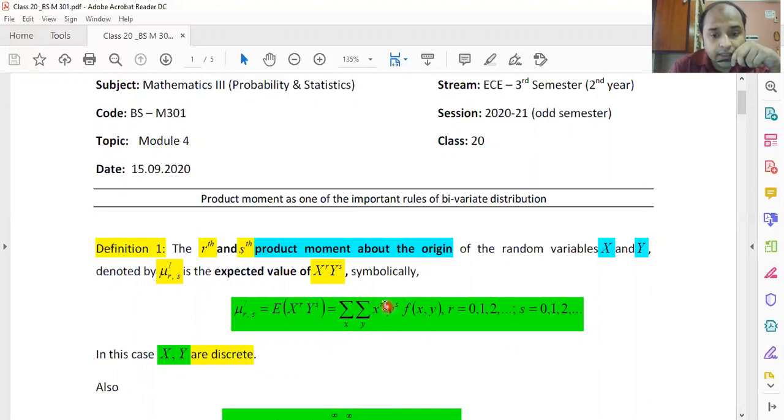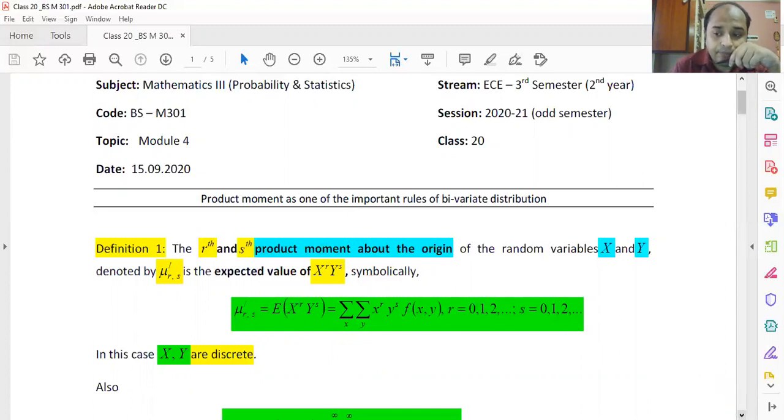The range of r and s, which are discrete indeed, is from 0 to infinity for both. So this is known as the rth and sth product moment of the random variables capital X and capital Y raised to some individual powers.